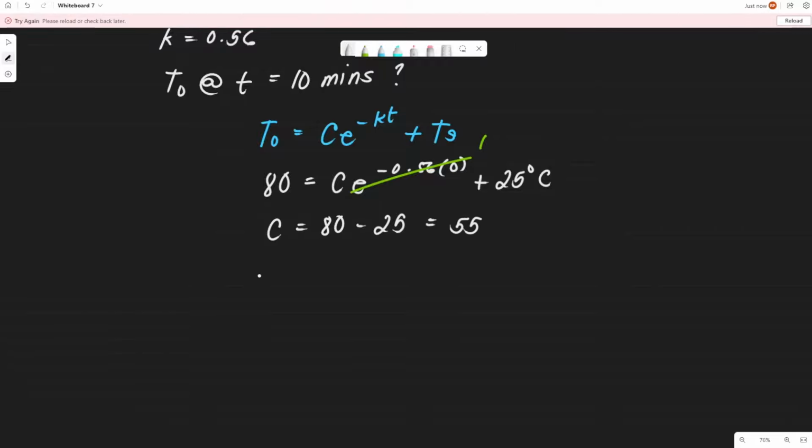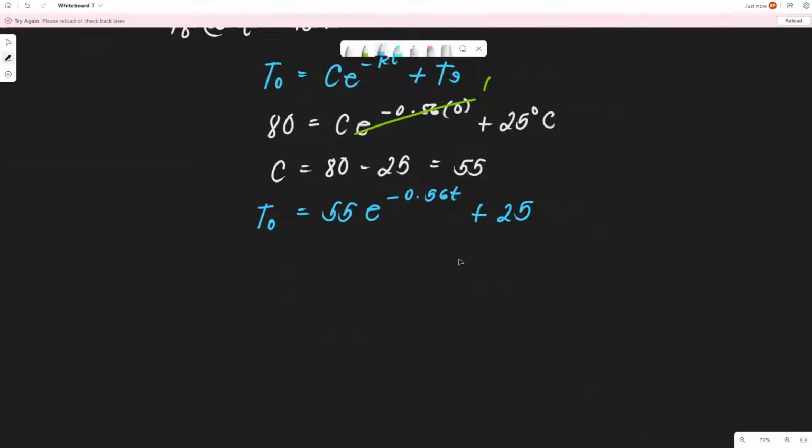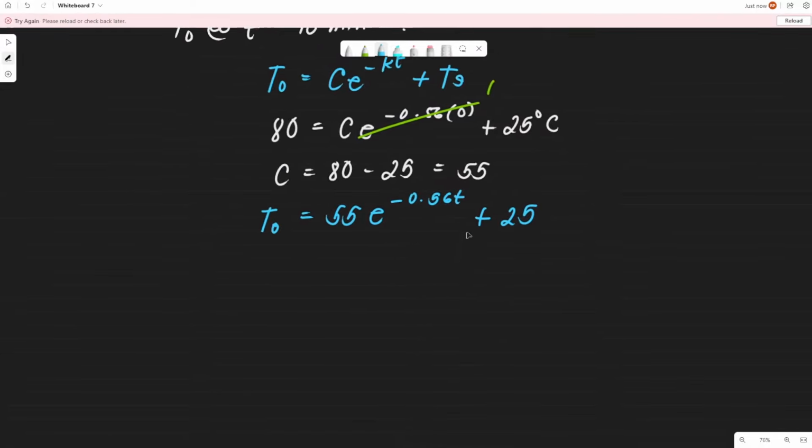Going back to the model, we have T sub O is equal to 55 e raised to negative 0.56t, plus 25 degrees Celsius. So, this is our T sub O. Let's compute the T sub O after 10 minutes.